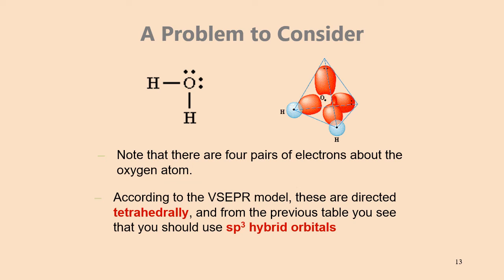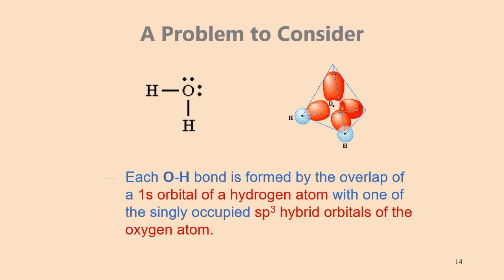The notation for VSEPR is AX2E2. Then each OH bond is formed by the overlap of one s orbital of a hydrogen atom with one of the singly occupied sp3 hybrid orbitals of the oxygen atom.